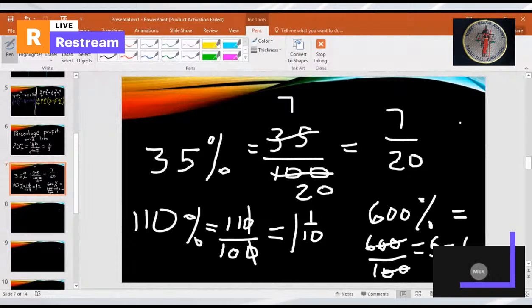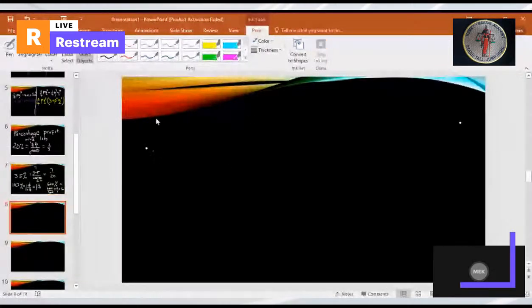All right, so let's go into finding a percent of a thing before we go further into profit and loss. So let's say you're finding a percent of something, right?